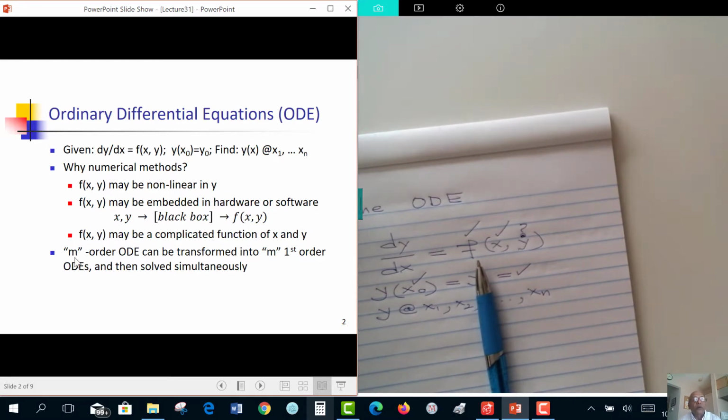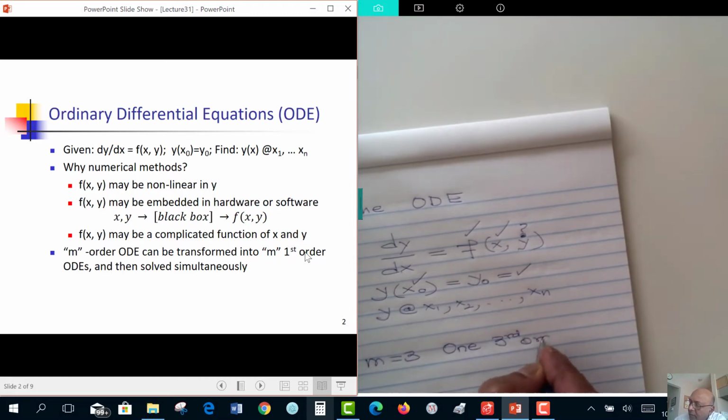So in this course, we will be able to solve any order ordinary differential equation, so an m order ordinary differential equation. And we'll find out that we will solve them by first transforming them into m first order equations. So suppose m is equal to 3. So we have one third order equation, and I'll define order in a moment.